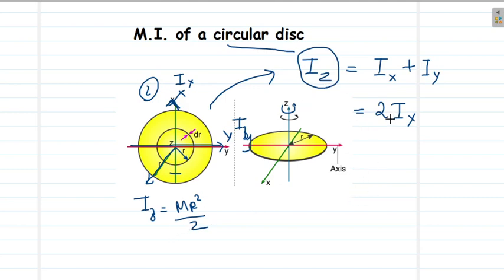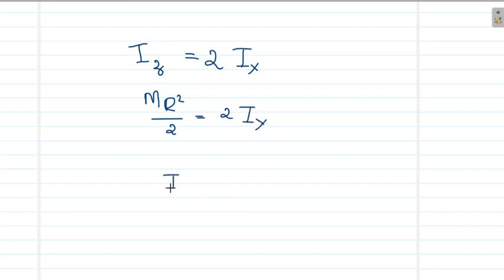And since it is equal to 2 times Ix, that is m r squared by 2 is equal to 2 times Ix, or Ix is equal to m r squared by 4, which is same as Iy.